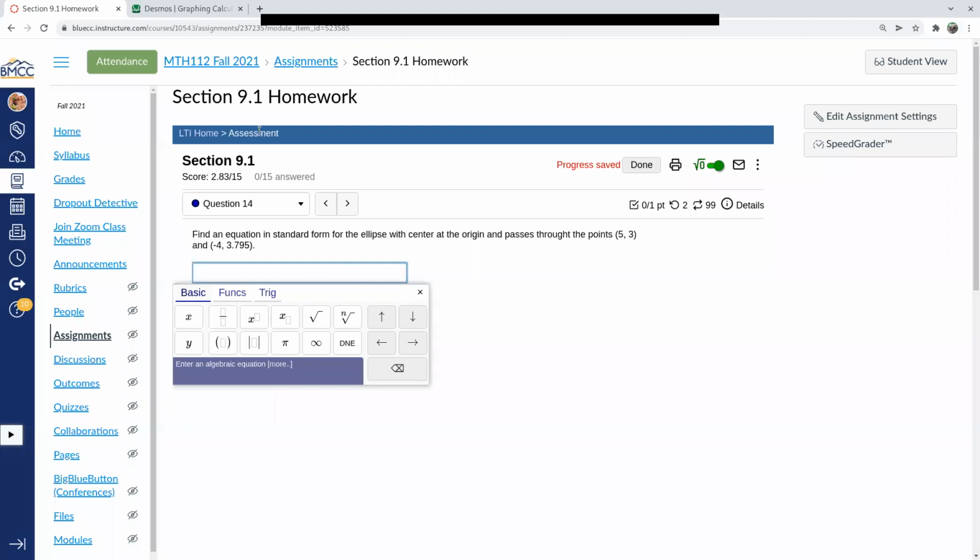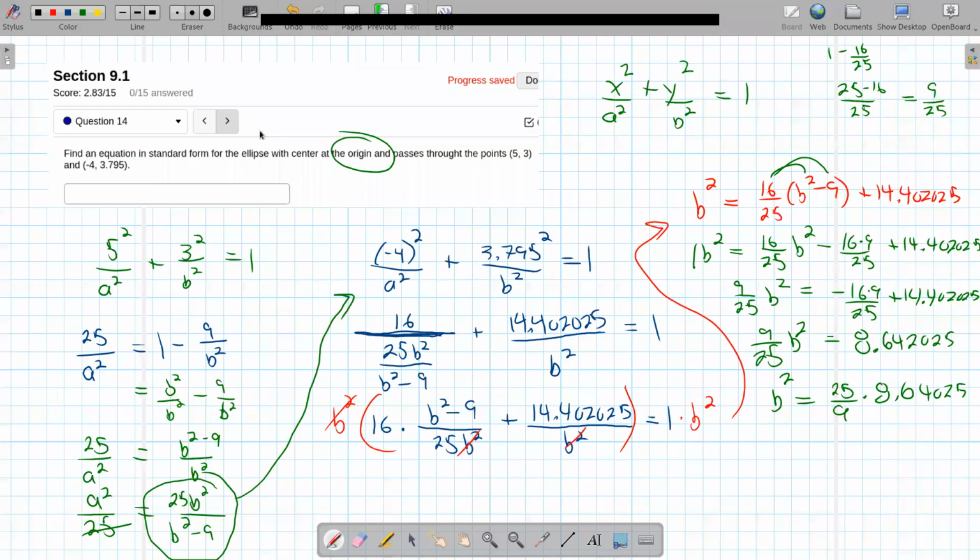Now we have a formula, oops, wrong screen, I want that screen. We have a formula for A here, right? We found A squared was 25 times B squared over B squared minus 9. And then we just take the square root of that and we have A. So B squared is that number right there, and I can just plug that in here.